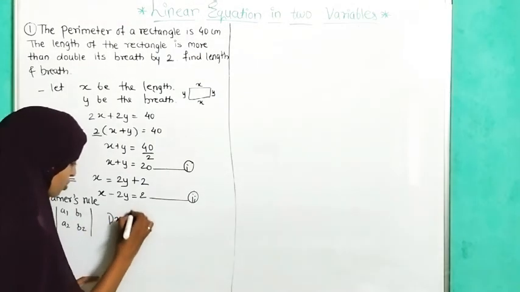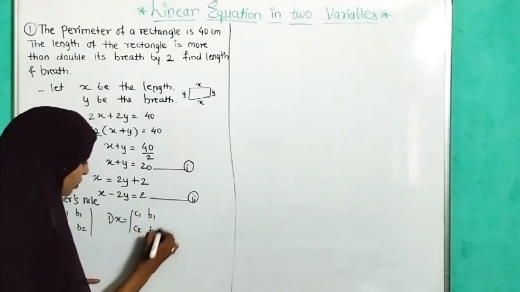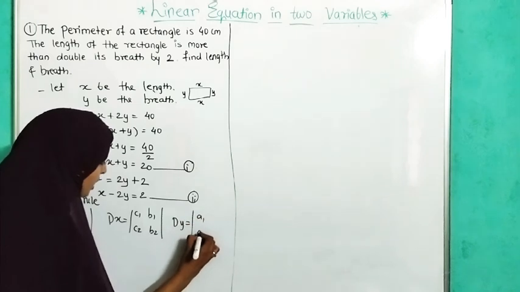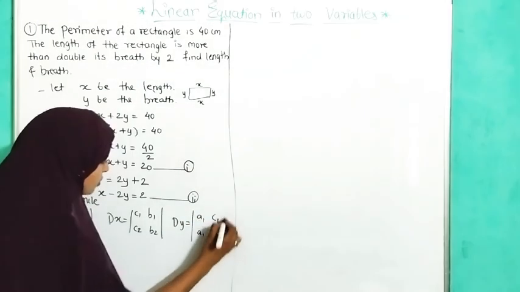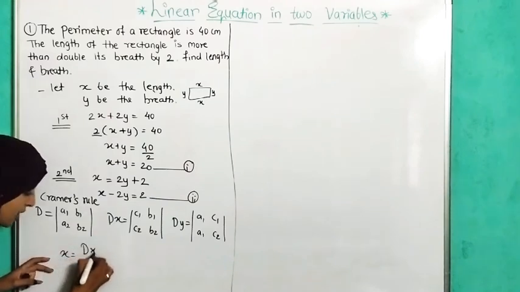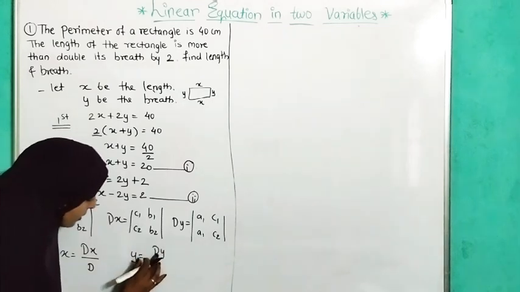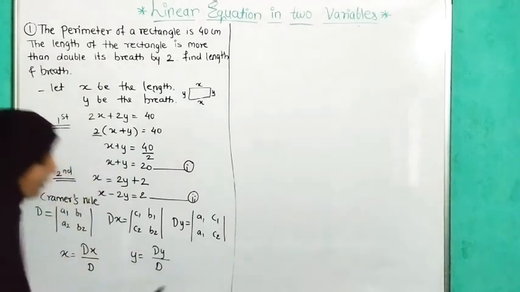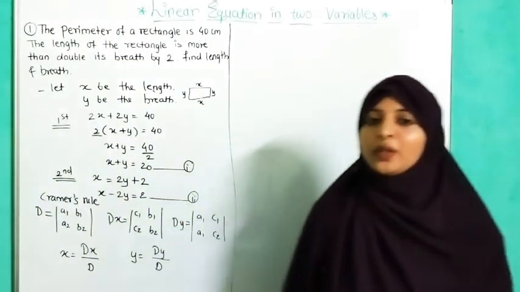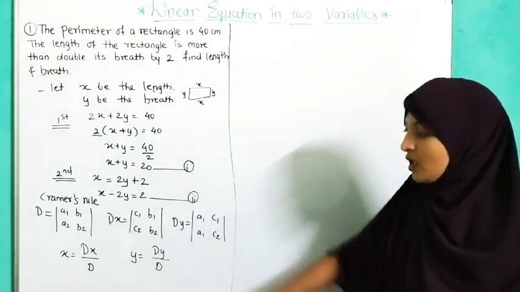Dx is equal to the determinant of C1, C2, B1, B2 and Dy is equal to the determinant of A1, A2, C1, C2. And x is equal to Dx by D and y is equal to Dy by D. Now we are going to substitute the values of A1, A2, B1, B2, C1, C2 from the equations and find the values of x and y.